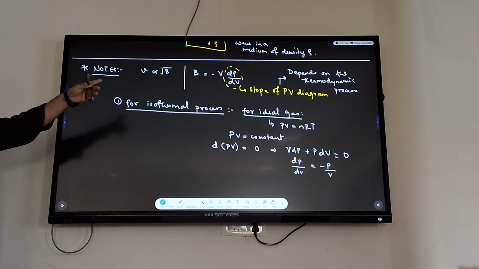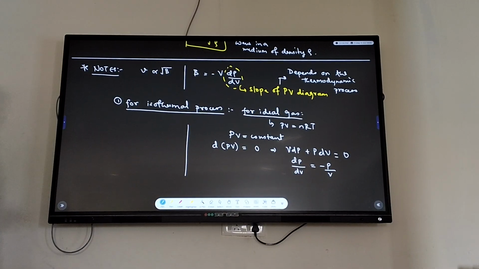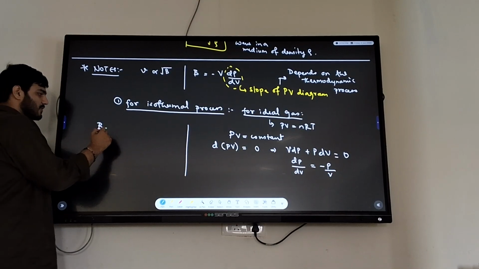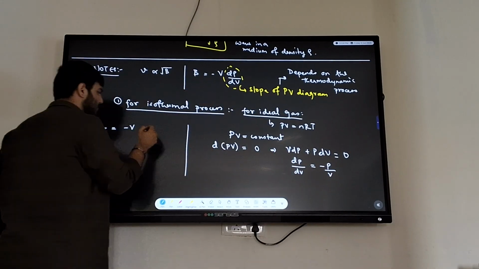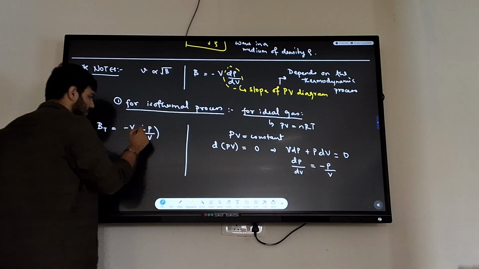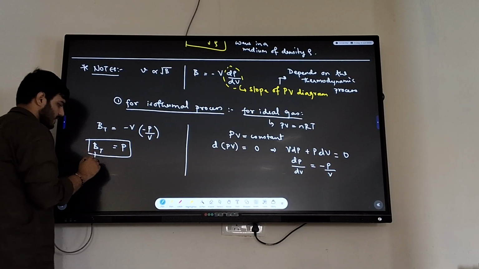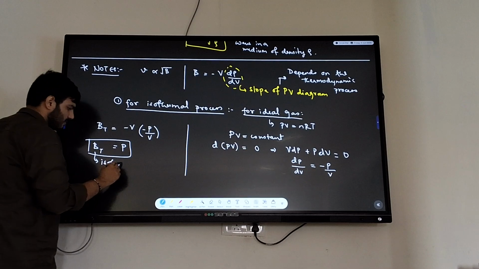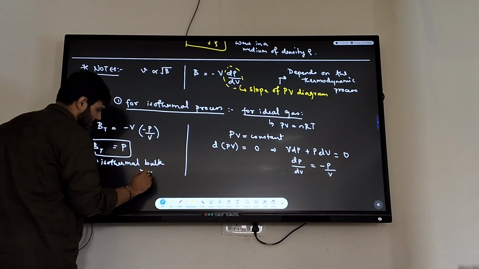Then what will my bulk modulus be? The bulk modulus is given a new name now. It's called the isothermal bulk modulus, BT. And what is BT equal to? That's minus V times dP by dV, which is minus P by V. So that's P. Isothermal bulk modulus.